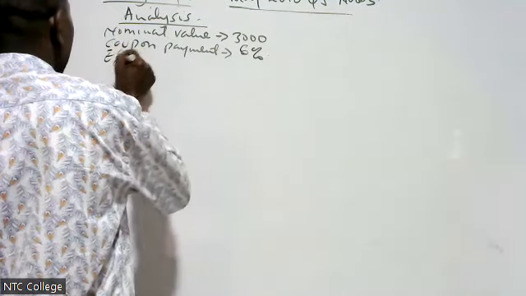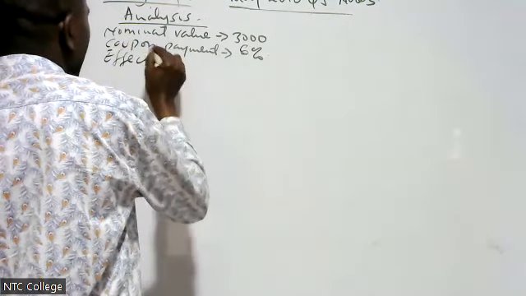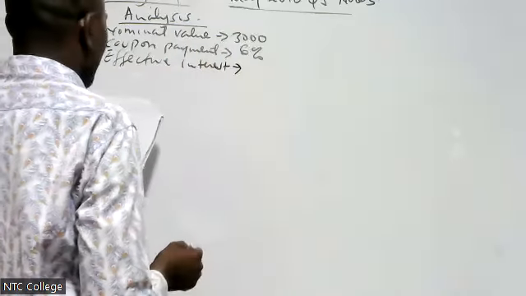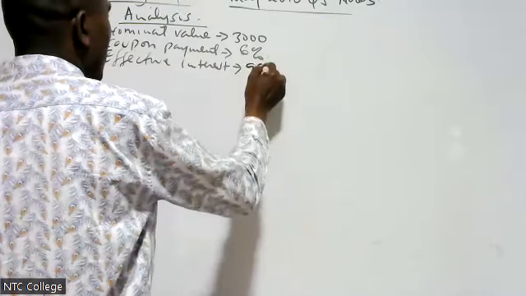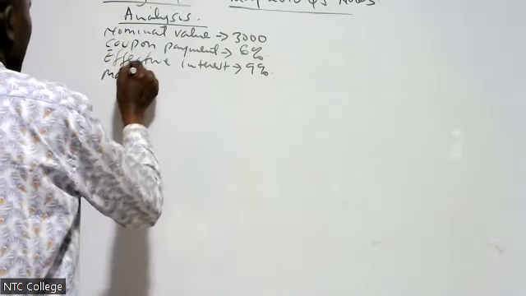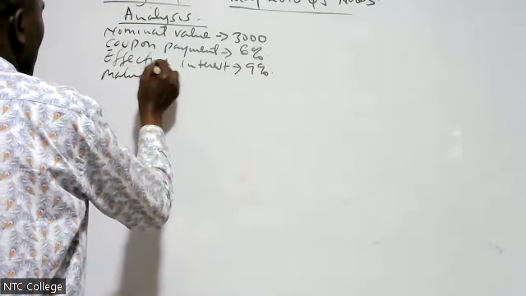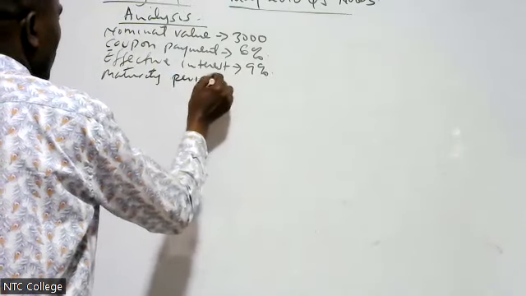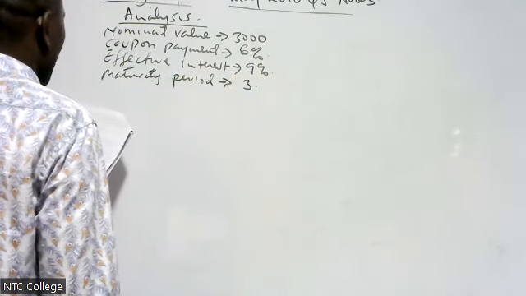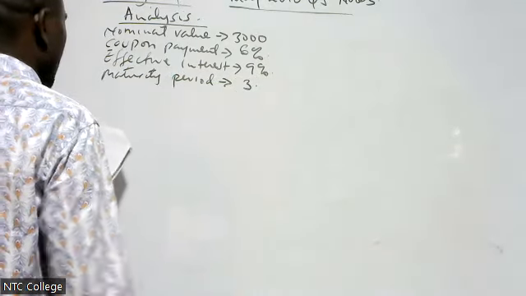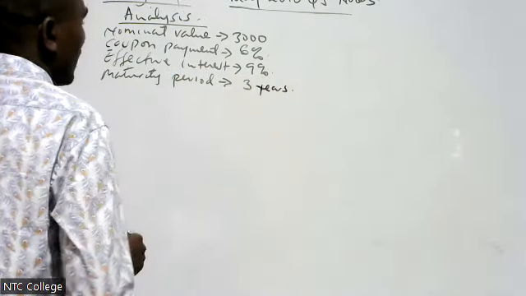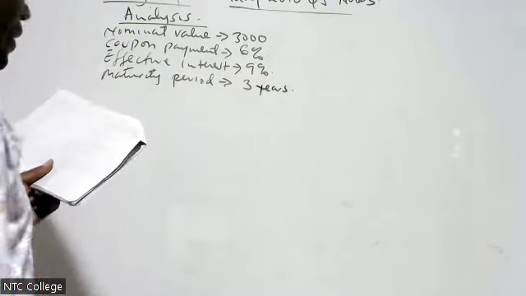Then we have the effective interest, which I explained yesterday, which is 9%. That is the finance cost. The maturity period is 3 years, from 1st April 2017 to 1st March 2020. Anything else? There is nothing else in this question.